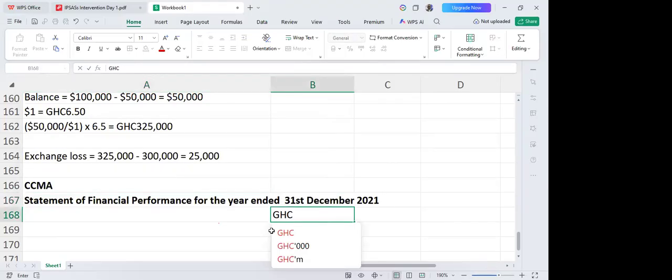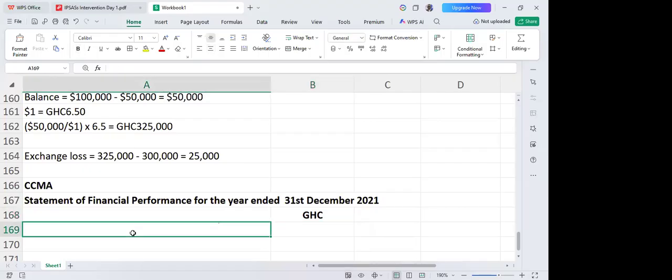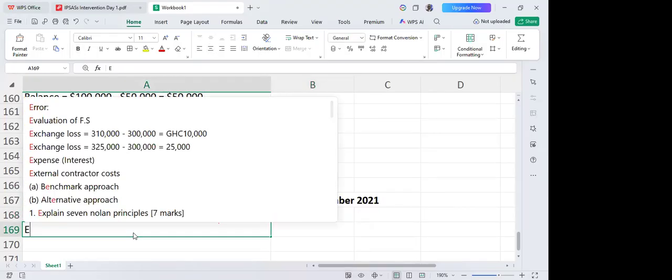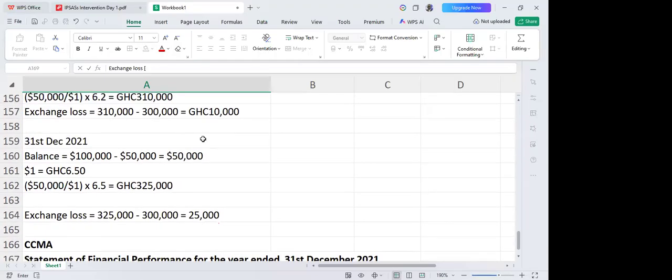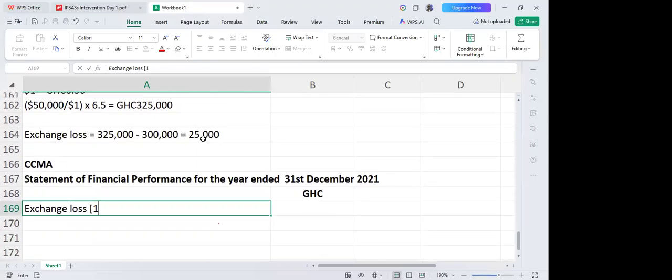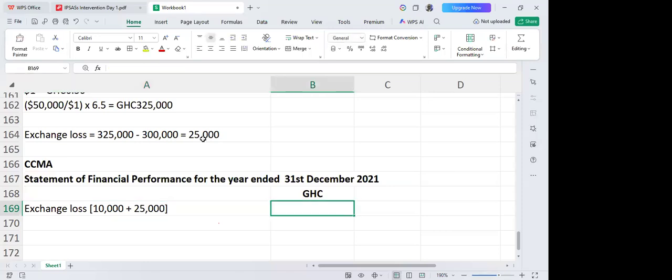We'll bring our currency sign. We account for the exchange loss in this case. The exchange losses were two. We had one of 10, and the other was 25. So 10,000 plus 25,000 will give us 35,000.